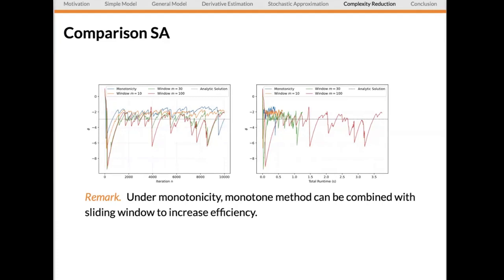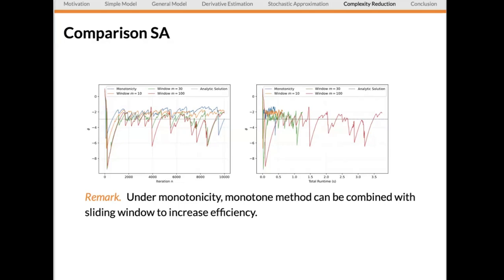It takes a lot longer. It's much slower. So the other ones have the trade-off that if we take a very small sliding window, we do the algorithm really fast, but then we have that asymptotic bias.